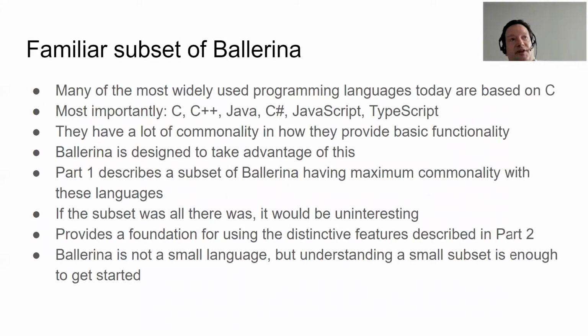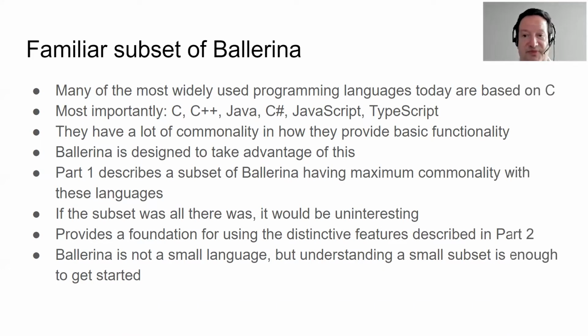Really what I'm going to be doing here is describing a subset of Ballerina that is designed to have a lot in common with widely used popular languages today, which are based on C. So C, C++, Java, C#, TypeScript, JavaScript.